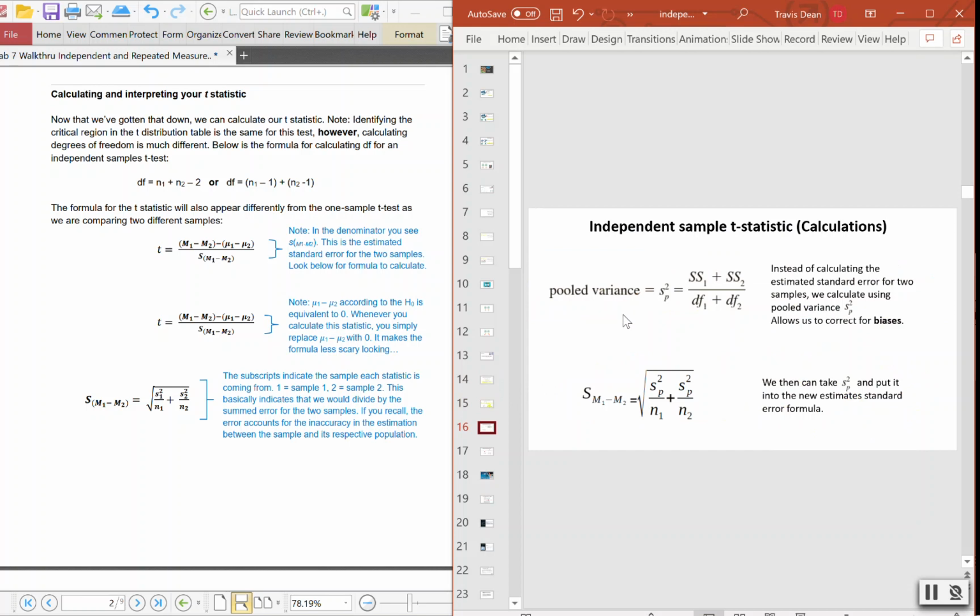The reason we're using the pooled variance is that it's a better estimate. Rather than using the estimated standard error for two samples, we calculate using the pooled variance, and it corrects for any potential biases that we may have. You could write it this way or this way.